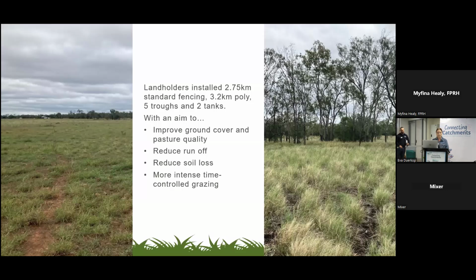So the pasture was largely dominated by Indian couch, which is a non-preferred pasture species, and also Parthenium, which is a very invasive weed. And so the grazing in these areas was quite uneven as the cattle were selectively grazing the preferred pasture species. So we worked with this landholder to support them to implement the infrastructure that's listed up there with the aim of improving the ground cover and pasture quality and ultimately reducing the runoff out into the reef.